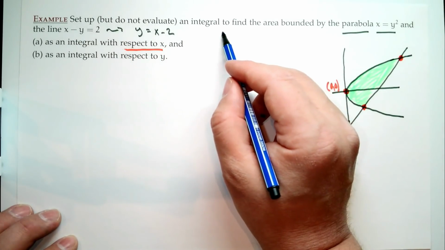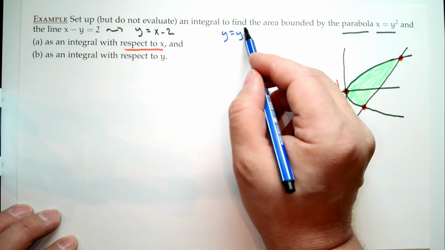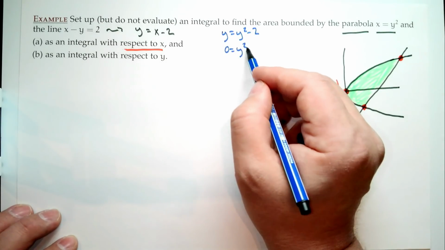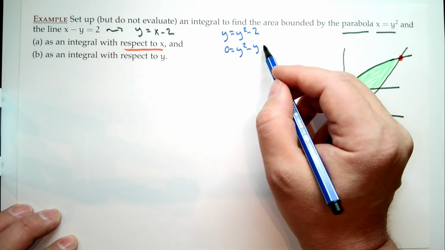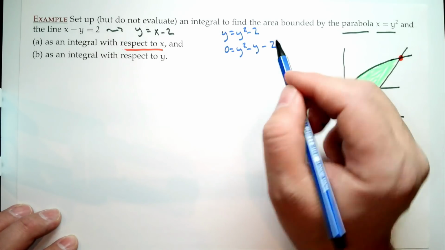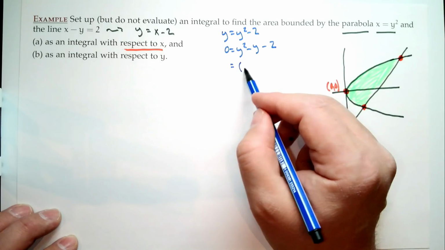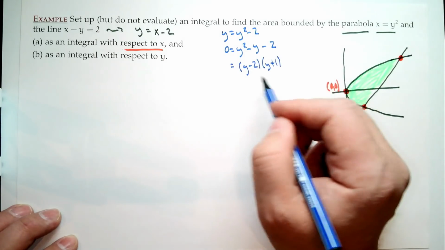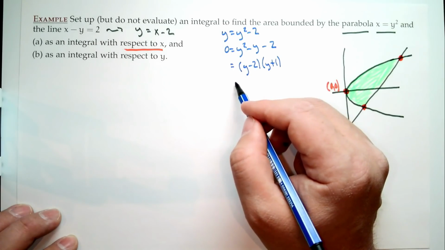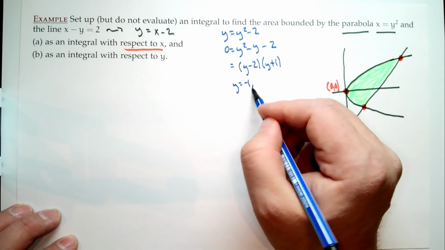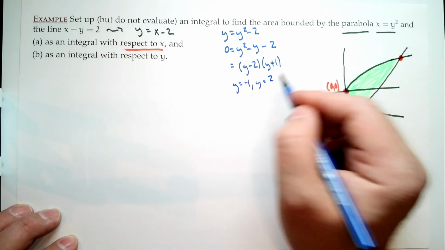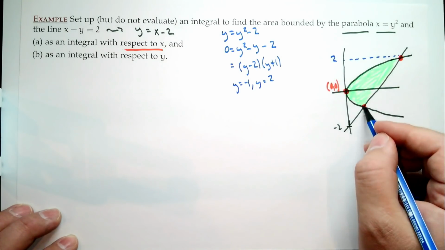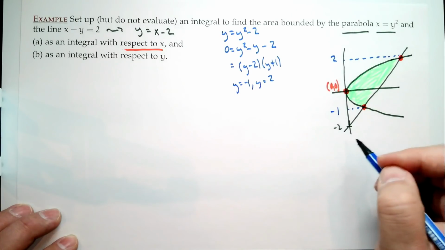So we could say that y equals y squared minus 2, or 0 is equal to y squared minus y minus 2, which factors, very conveniently for us, into y minus 2 times y plus 1, which says that this happens at y equals negative 1 and y equals positive 2. So this is at positive 2, this is at minus 1.